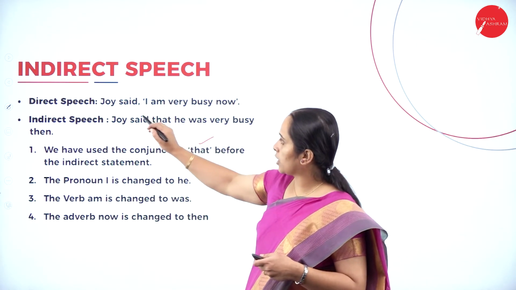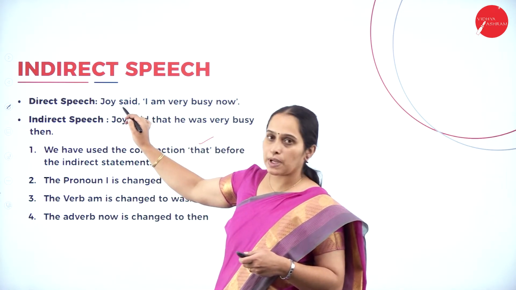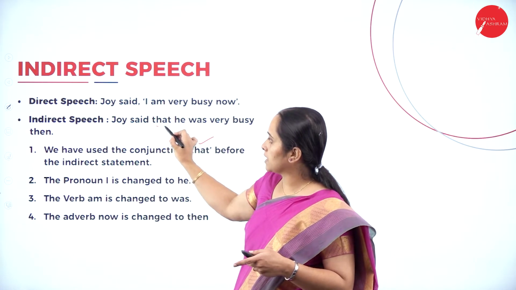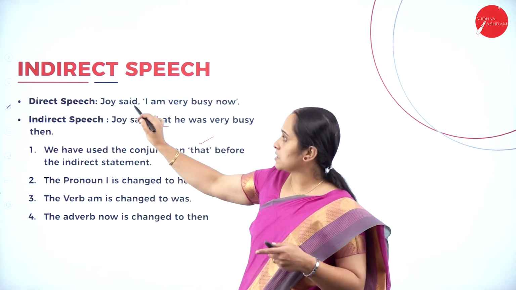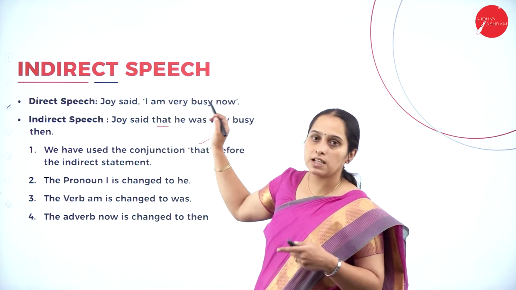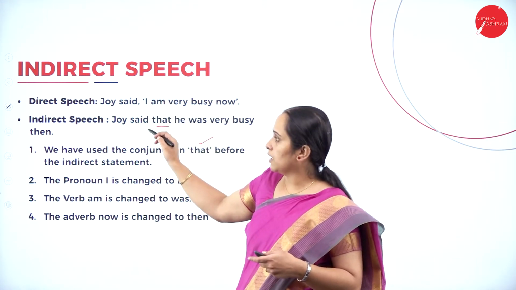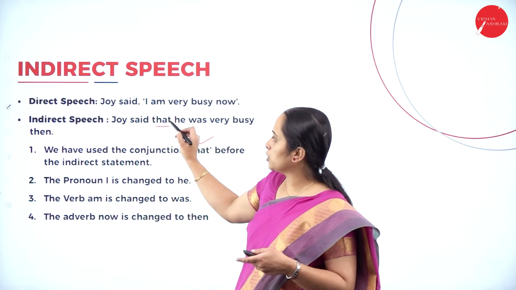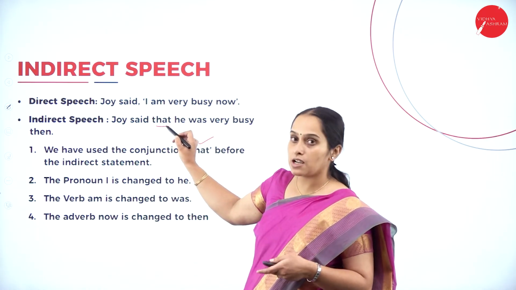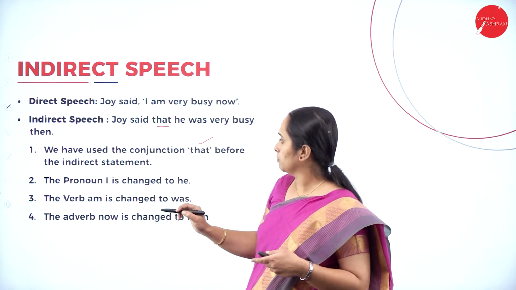In the direct speech, we have not used this conjunction. It is only Joy said, "I am very busy now." When we change that into indirect speech, we have used the conjunction "that".